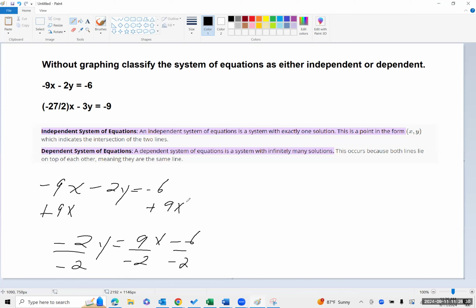So for this first equation, you can see that my slope is 9/2 and my y-intercept is 3. Let's see what we get when we do the same kind of work with the second equation.